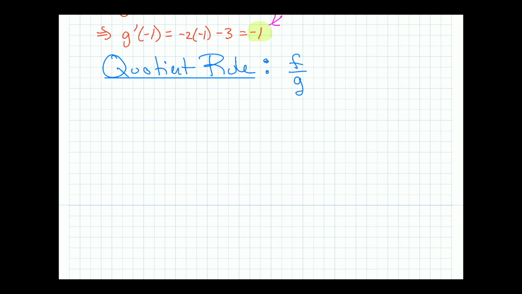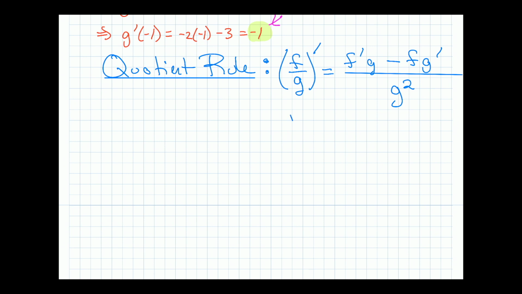So f over g prime. I'm not writing the of x because it gets in the way of seeing what it is. So f over g prime is f prime g minus f g prime over g squared. I wrote it in more detail up above, but here it is.